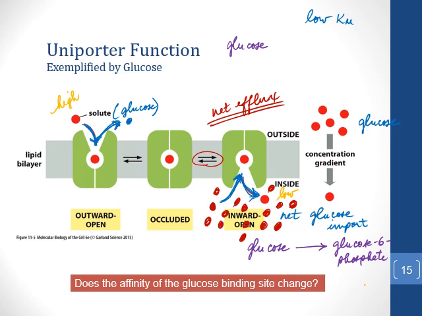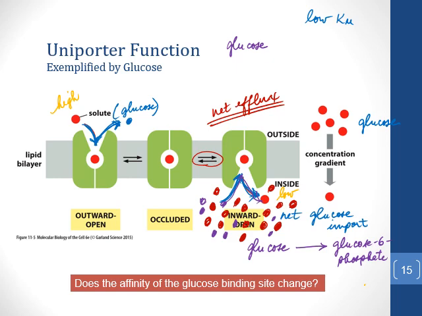It turns out that glucose 6-phosphate has a lower affinity for the glucose uniporter. And because it has a lower affinity, once that glucose 6-phosphate, which we'll now draw as purple, gets in the cell, its affinity for that uniporter is low, so its tendency to bind relative to the rate at which it comes off is less.